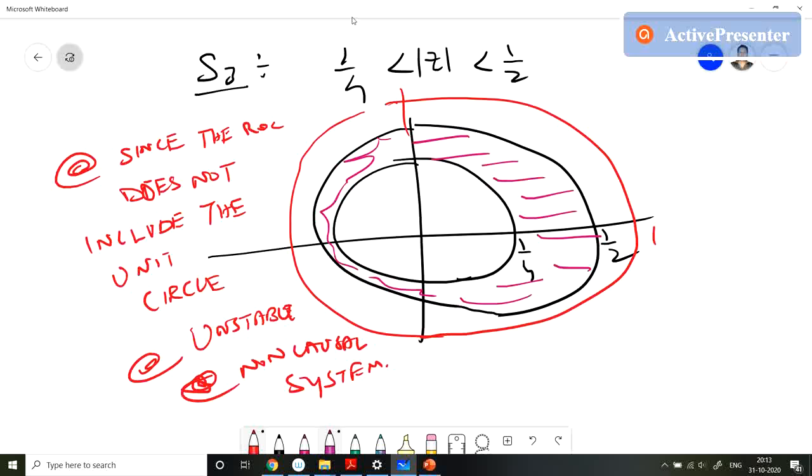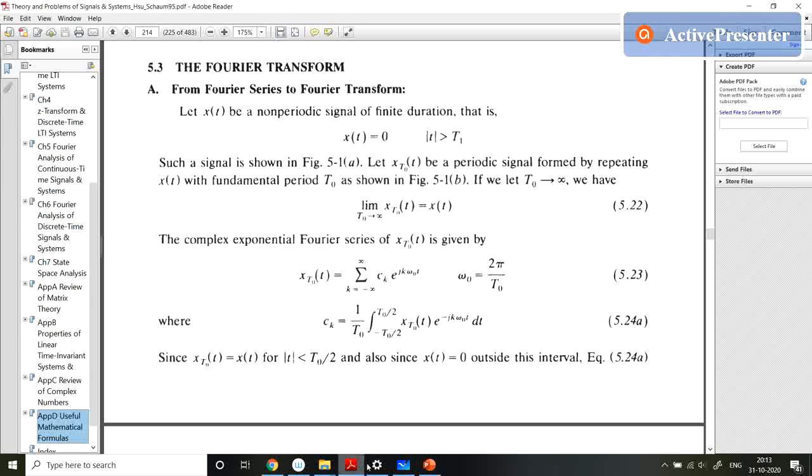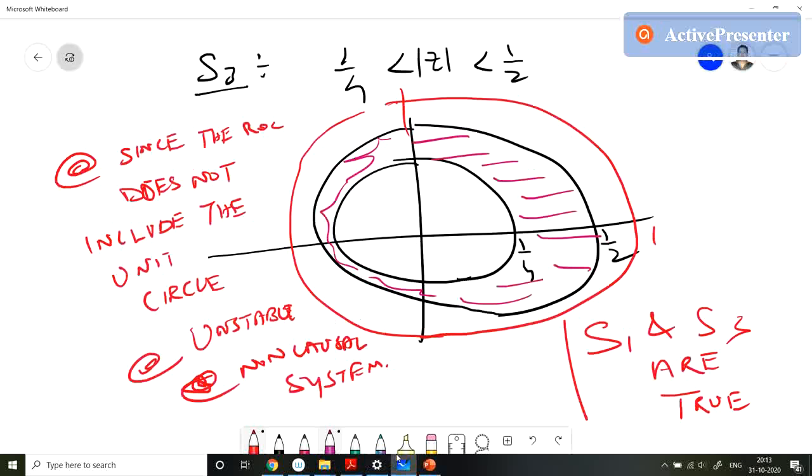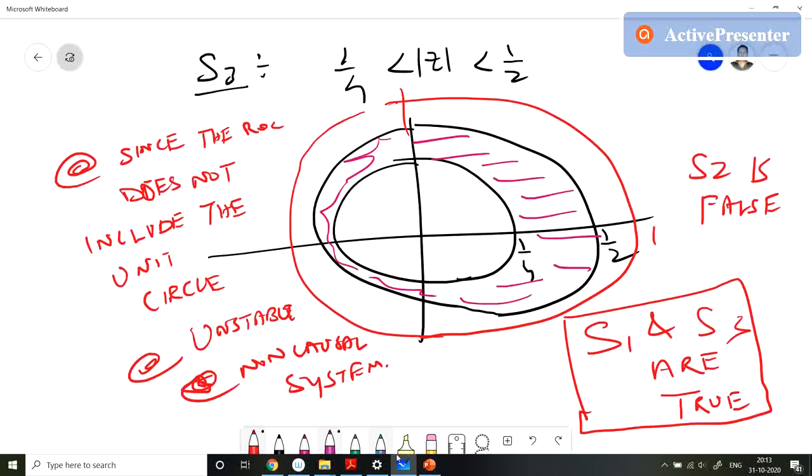So we have covered all these conditions. What we can say is that S1 and S3 are true conditions and S2 is a false condition.